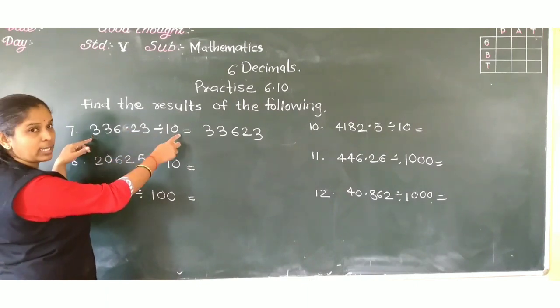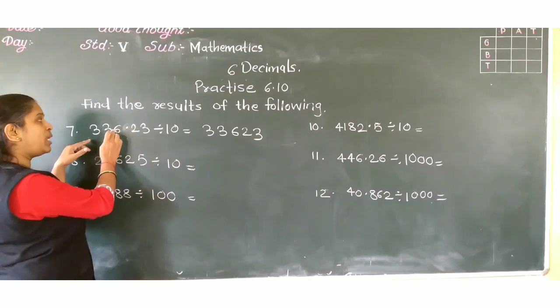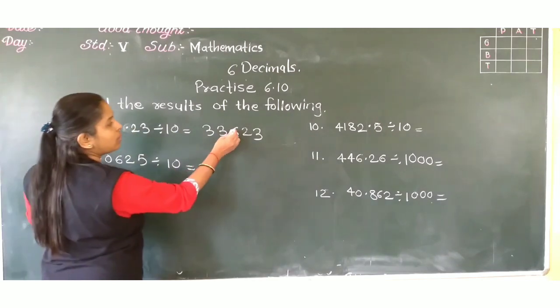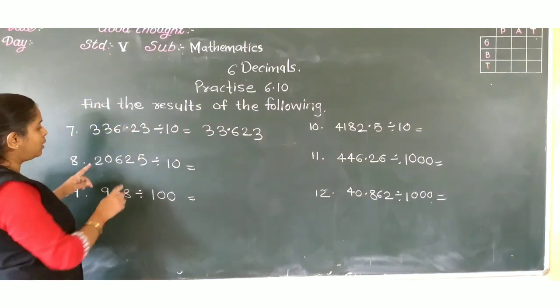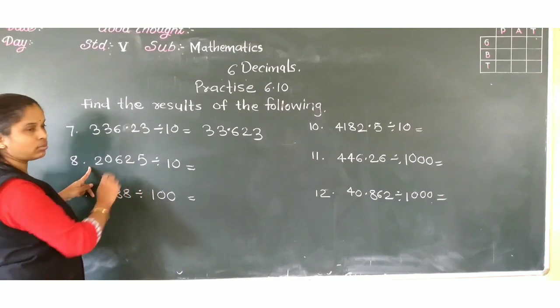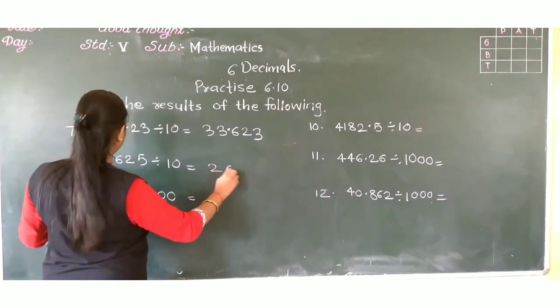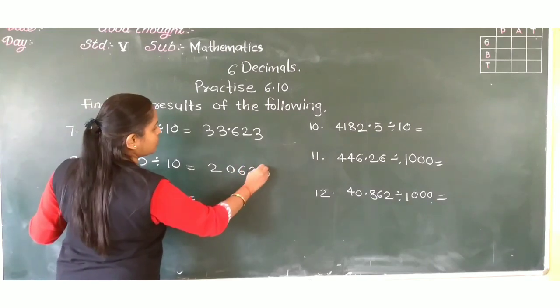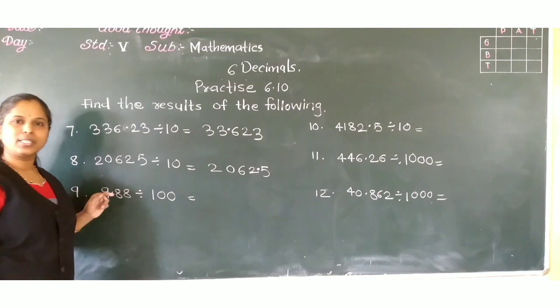As we are dividing by 10, the decimal will shift only one place to the left, so after 1 it will come. Now again we have to divide by 10, so from the left side count 1 and put the decimal.